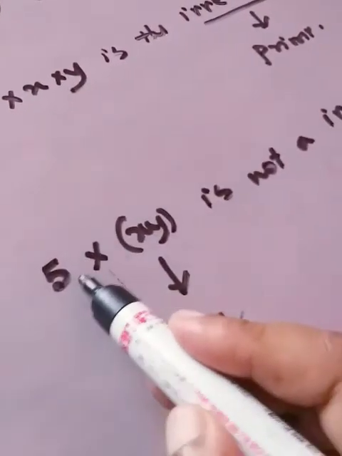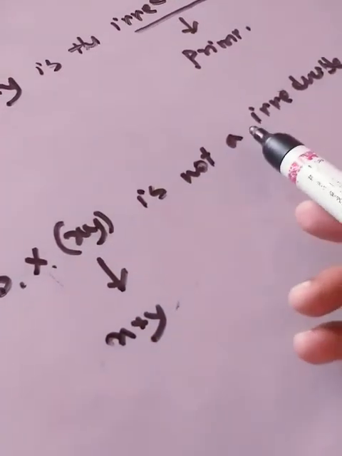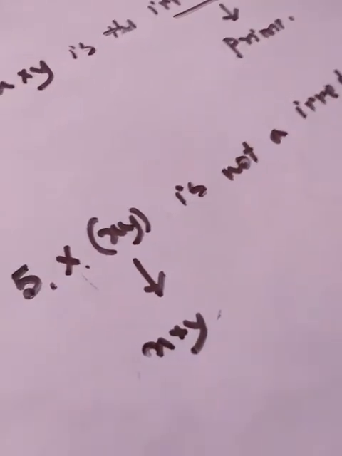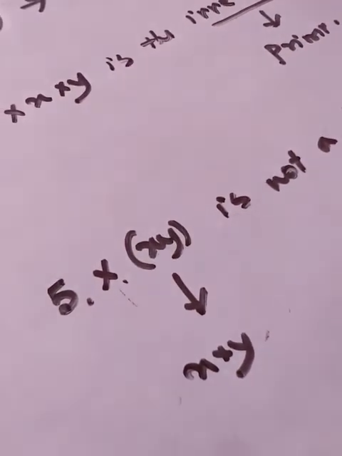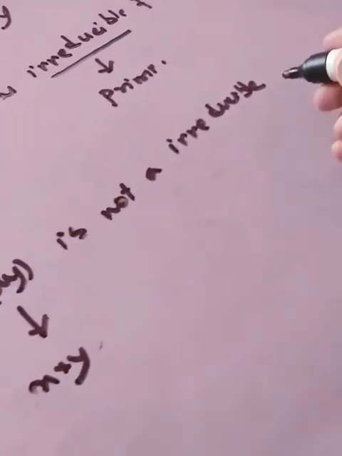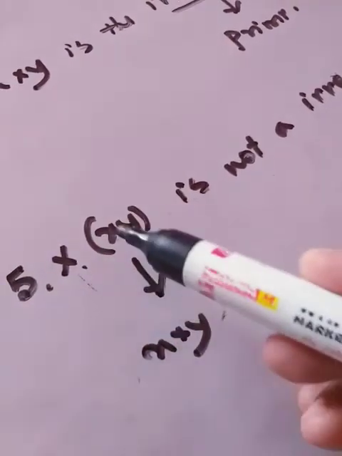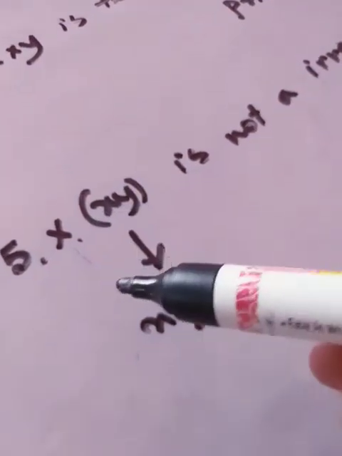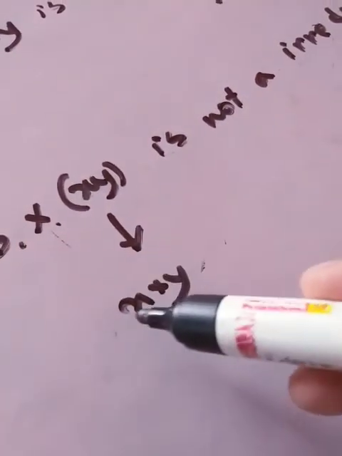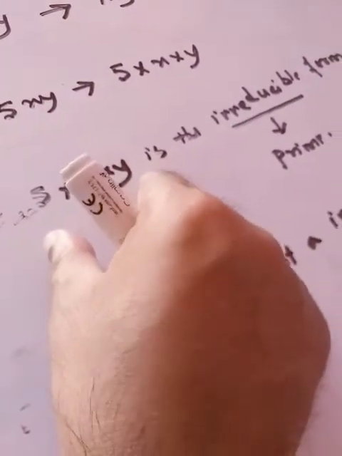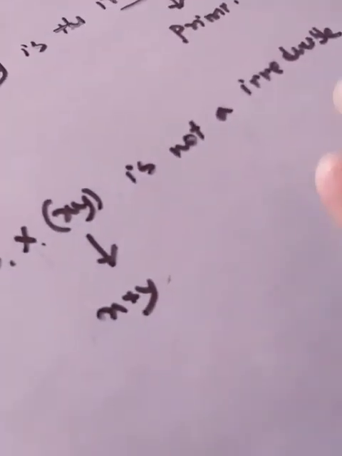So 5 into xy is not an irreducible form of 5xy, and why? Because this xy can be further expressed as the product of x into y. So the complete expression of any algebraic form is called the irreducible form.